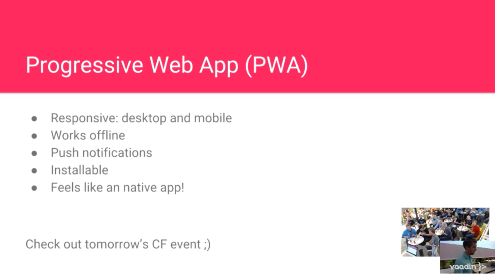Also, progressive web apps should be installable, meaning that the user can install it to their home screen or their desktop on their computer. But all in all, progressive web apps, they're web applications, but they feel like a native app. And if you want to know more about progressive web apps, please check out tomorrow's CF event. It's all about that.